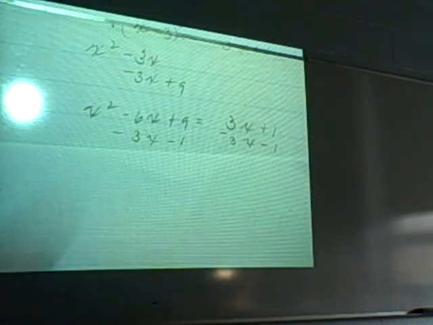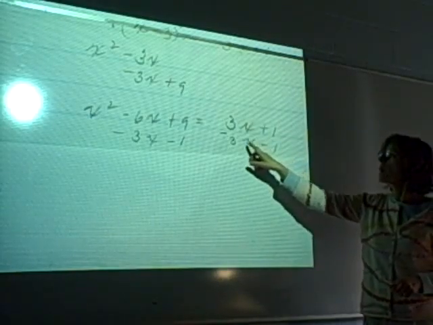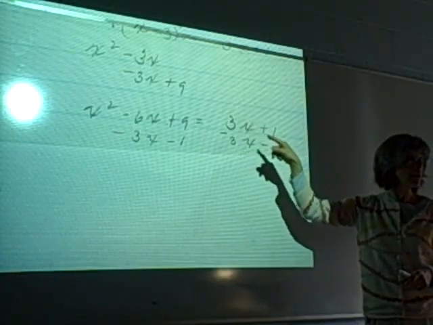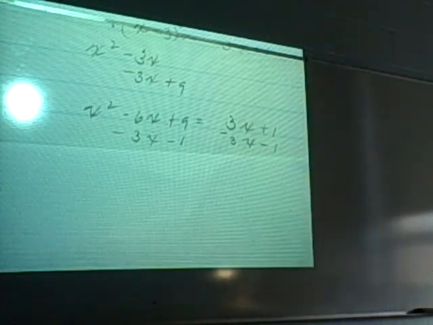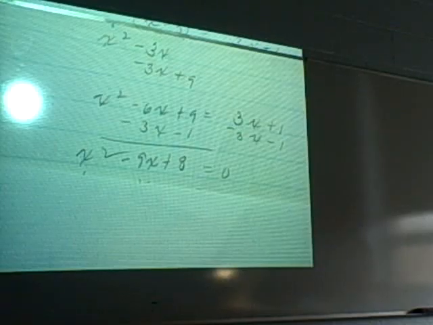And did you remember to make this a -1? Because when I'm subtracting, I'm taking this away and I'm subtracting this away. So that needed to be a -1. So I should have x squared minus 9x plus 8.